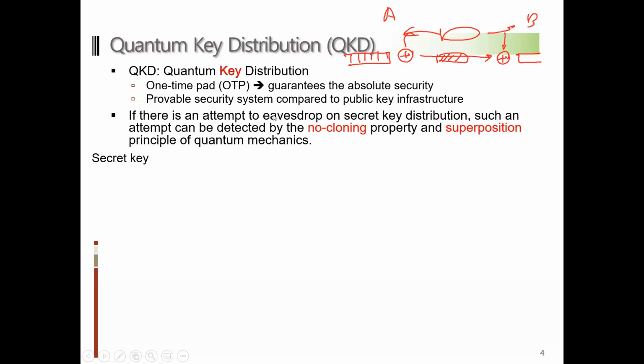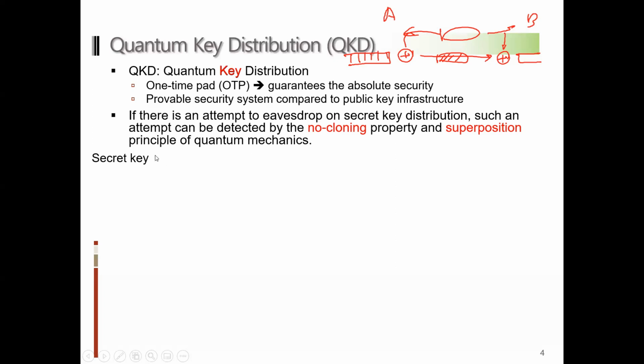If I have to summarize why quantum key distribution works while other classical methods do not, it is because quantum mechanics has the no-cloning property, and also the superposition principle. The combination of these properties allows us secure key distribution.